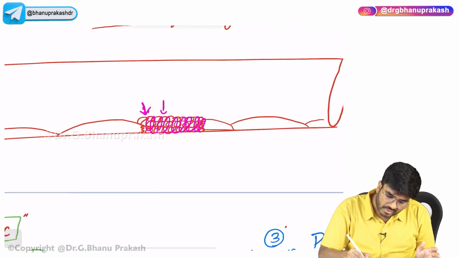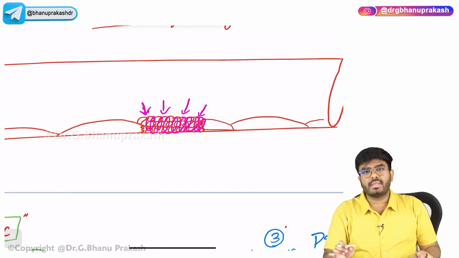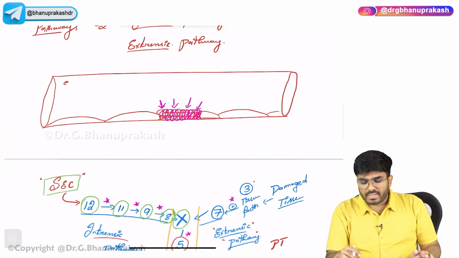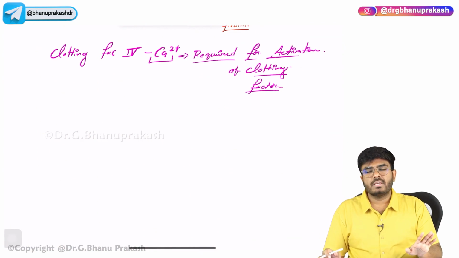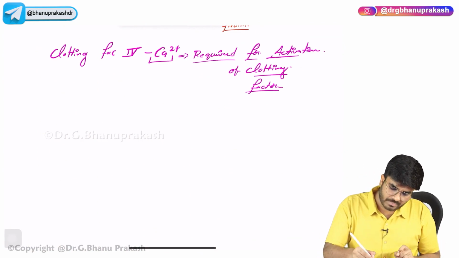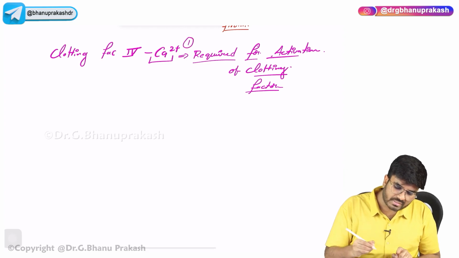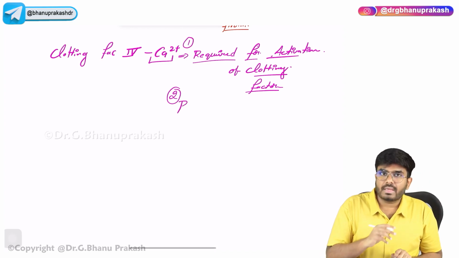Why only that particular area? Because only in this area there are phospholipids of the platelets. So for the activation of clotting factors, one thing required is calcium, and the second is the phospholipid layer.